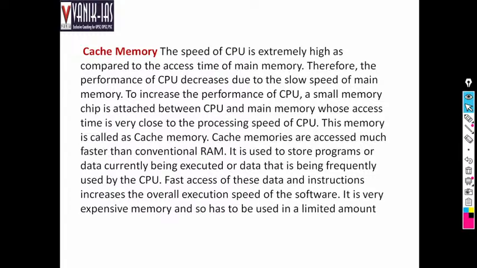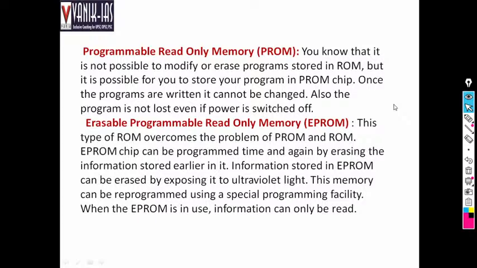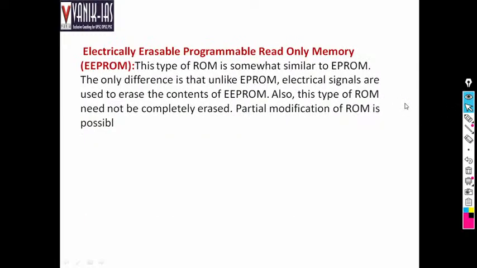And then we studied erasable programmable read-only memory (EPROM), where we used ultraviolet rays to erase the data, but it took a lot of time. Then we developed electrically erasable programmable read-only memory, that is EEPROM, where we used electrical signals to erase the memory.